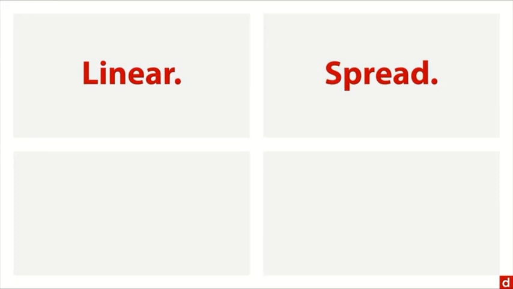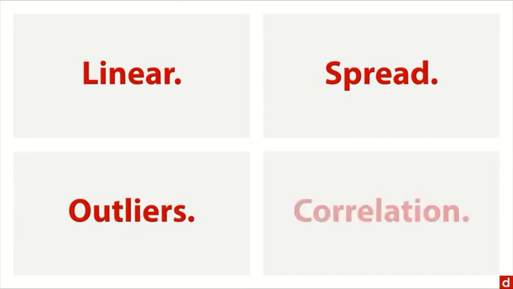Because if things fan out considerably, then you have what's called heteroscedasticity, and it can really complicate some of the other analyses. As always, you want to look for outliers because an unusual score, or especially an unusual combination of scores, can drastically throw off some of your other interpretations. And then you want to look for the correlation. Is there an association between these two variables? So that's what we're looking for.